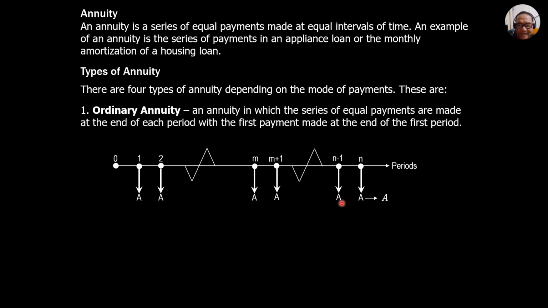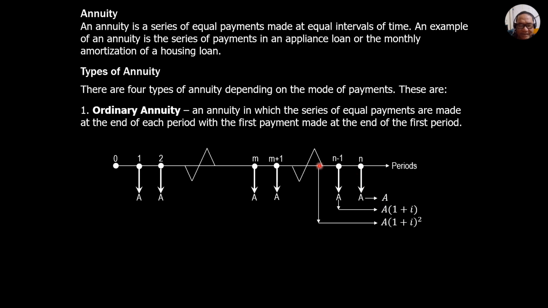So we multiply this by 1 plus I to the 1. So that would be A times 1 plus I to the 1. Then the next one, A times 1 plus I to the 2, and so on and so forth. For this case, for example, that would be A times 1 plus I to the power 2.